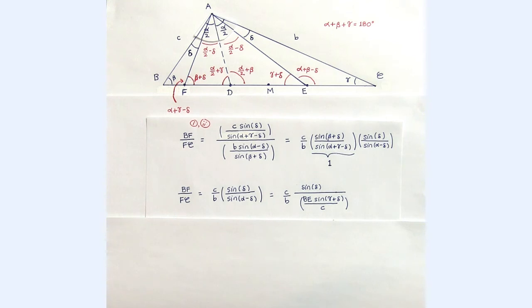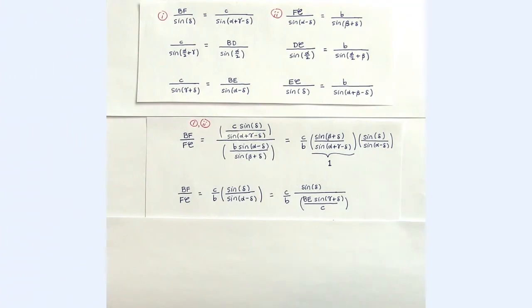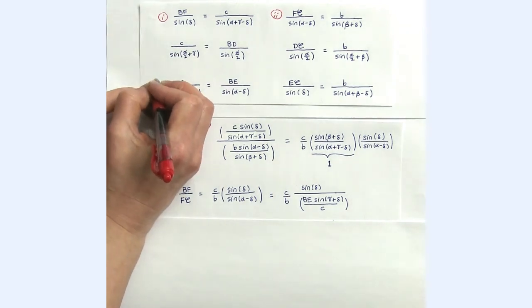Now I go back to my equations, which I got from the law of sines, to try to figure out how I can replace these quantities. And I see that in this equation here, I'll call it equation 3.